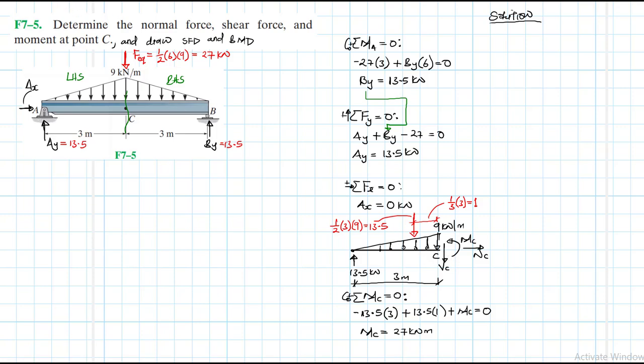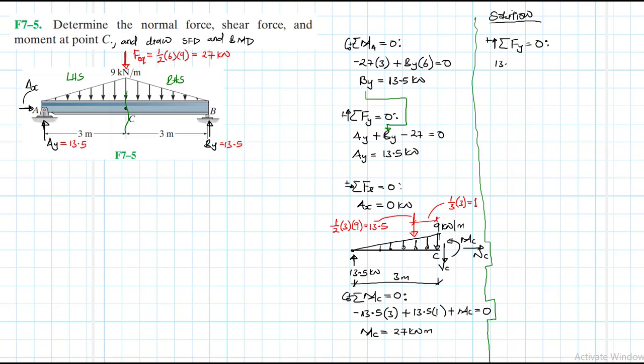Okay, so let's draw a boundary there so that we also calculate for the shear. So summation of forces in the y equal to 0 going up in our reference. What do we have?